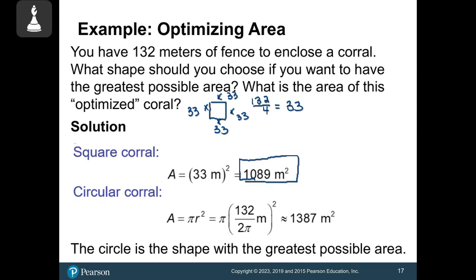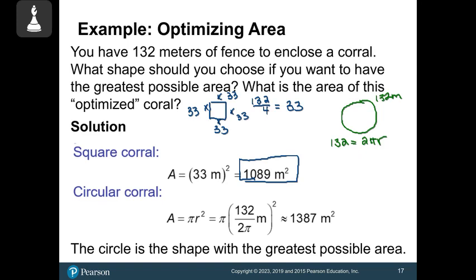Now, working with the circle, the distance around the outside of the circle is 132 meters, and that is called the circumference. So 132 is equal to 2 pi r. Before I can figure out the area, I need to know r.